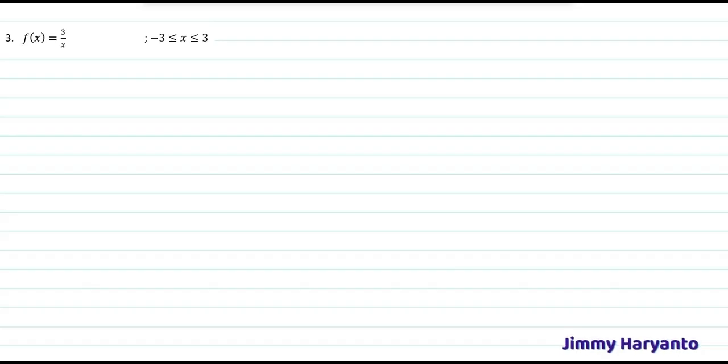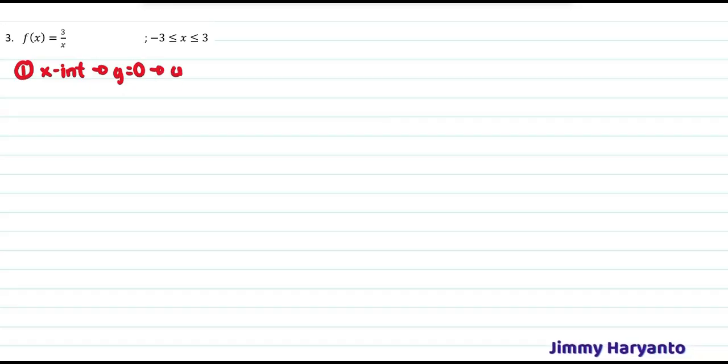And then the next one is this function, 3 over x. For this one, let's try to find the x-intercept. X-intercept means y equals 0, and that also means y equals 3 over x. The y will be replaced by 0.